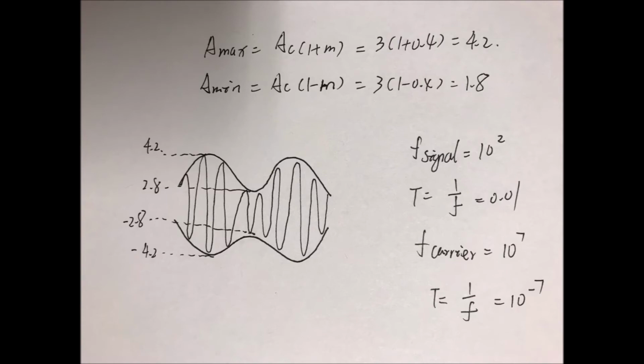So our period is 1 over f again, which is 10 to the negative 7. So in between any of these peaks or valleys here, you're going to have 10 to the negative 7 as your period. All right? Yeah, very clear.